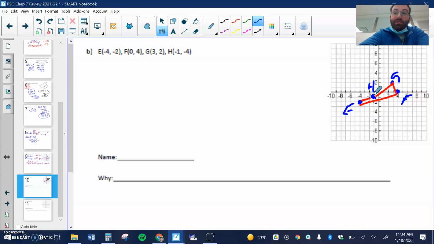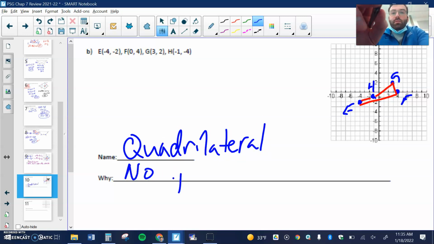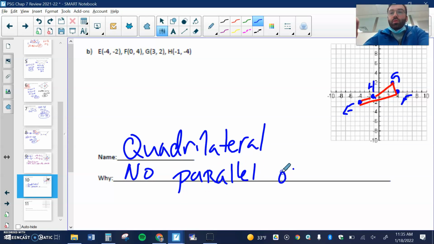All right, so I can find the slope of every single side here. Okay, and that's what I would do. But I can tell you right now, it's a quadrilateral because no parallel or congruent sides. So how do I know?